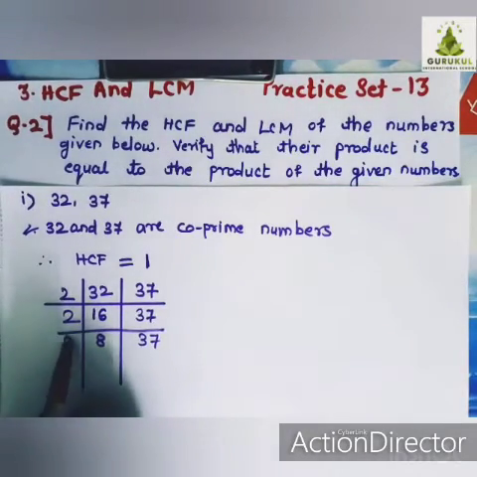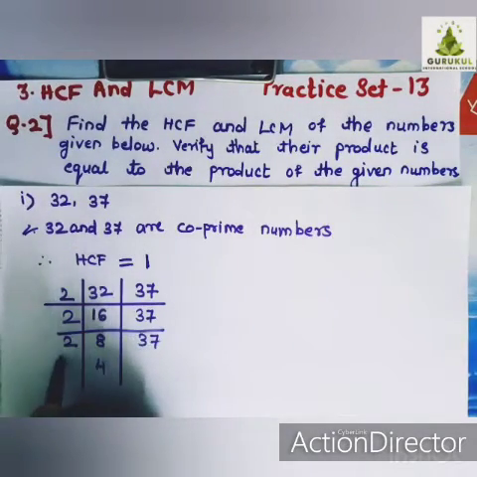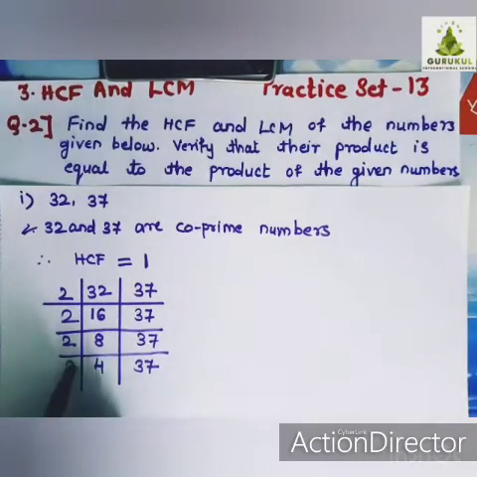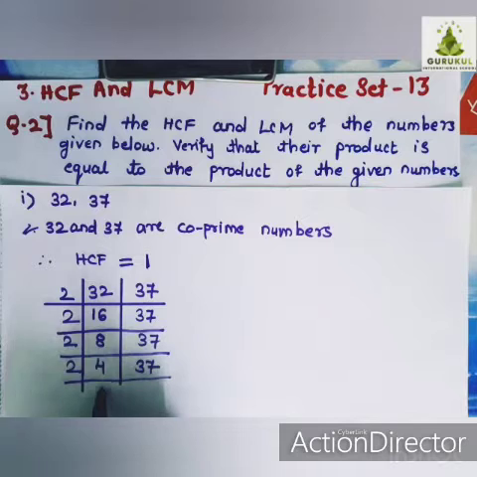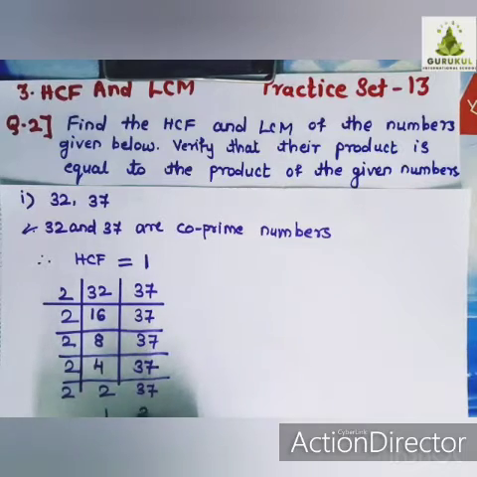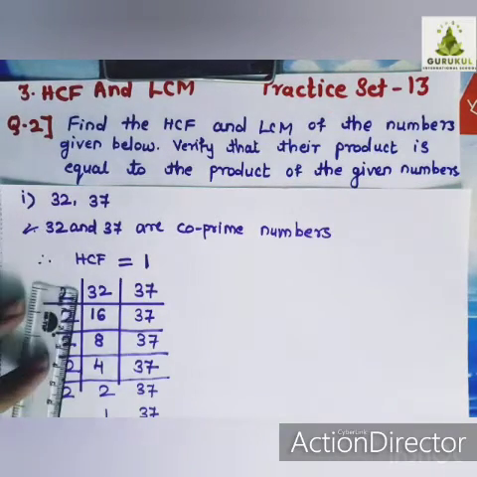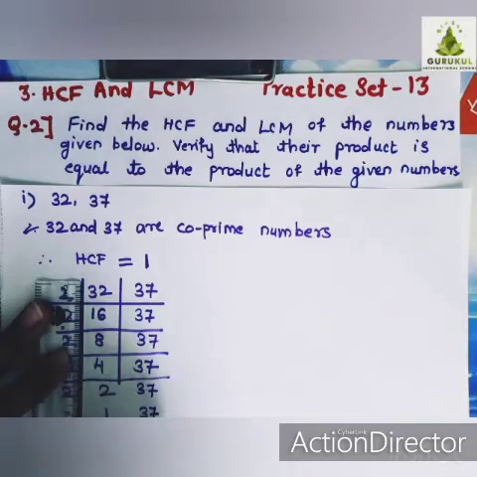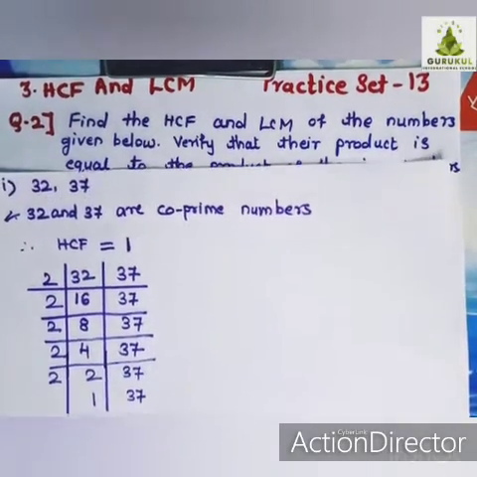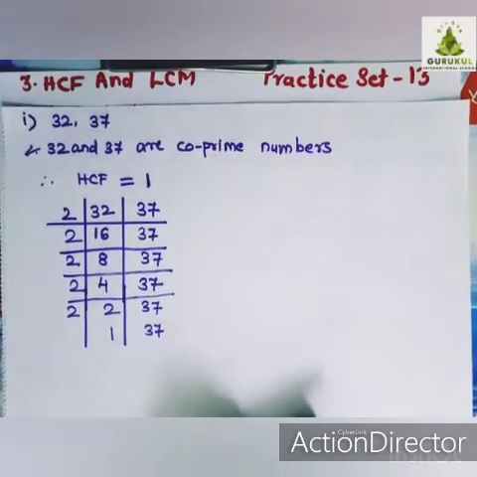Again 2 4s are 8, so write 4 here and 37. 2 2s are 4, so here 2 and 37. Again 2 1s are 2 and 37 as it is. Now once you have reached 1 and 37, which are prime, we don't have to proceed further.